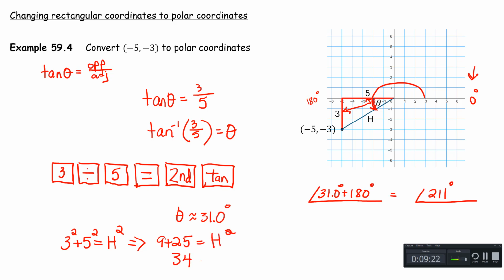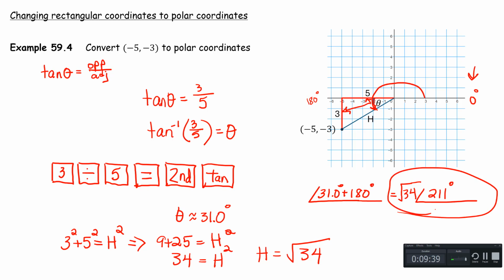So 34 is equal to h squared. If you take the square root on both sides, h is going to be the square root of 34. So that is what will go right here. And that would be your answer. Those are the polar coordinates for that point, -5, -3.